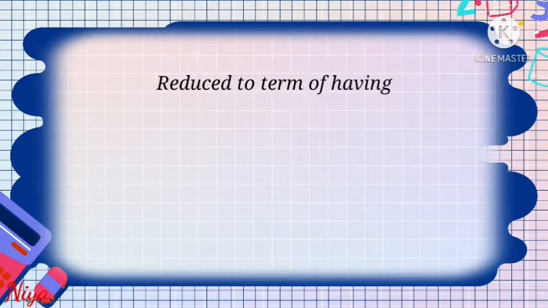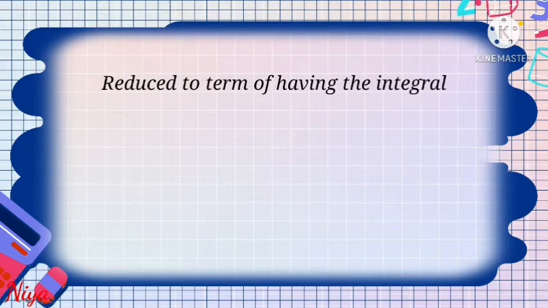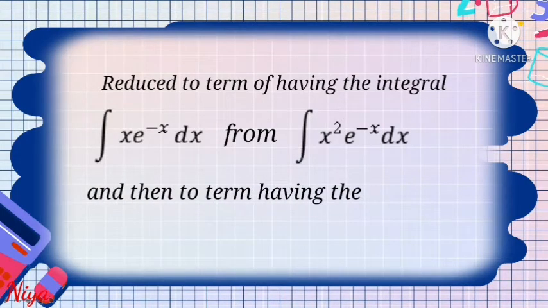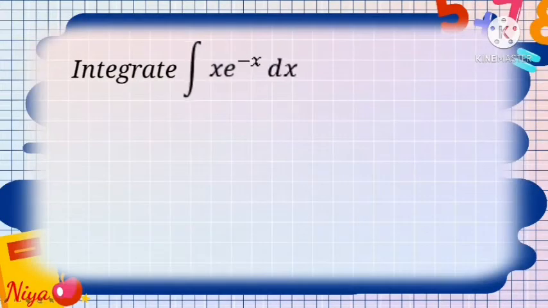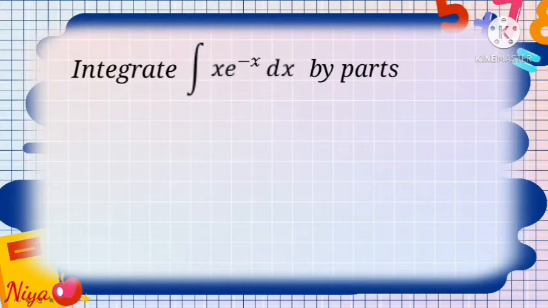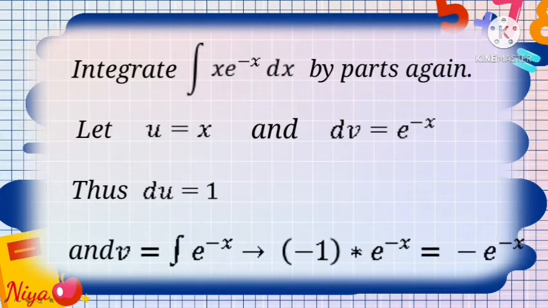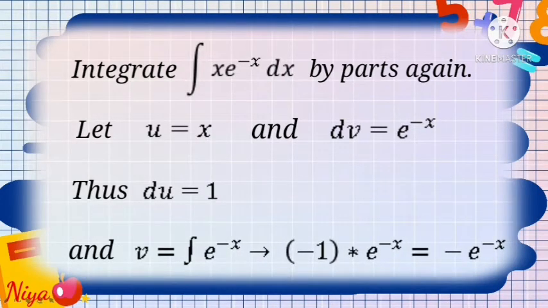Here, first we will reduce to the term having the integral of x times exponential power negative x dx from x squared times exponential power negative x dx, followed by the term having the integral of exponential power negative x dx. Since x times exponential power negative x is a product of two different functions, we need to integrate by parts again. Let u equal x and the derivative of v equal exponential power negative x. Thus we obtain du is 1 and v is negative exponential power negative x.